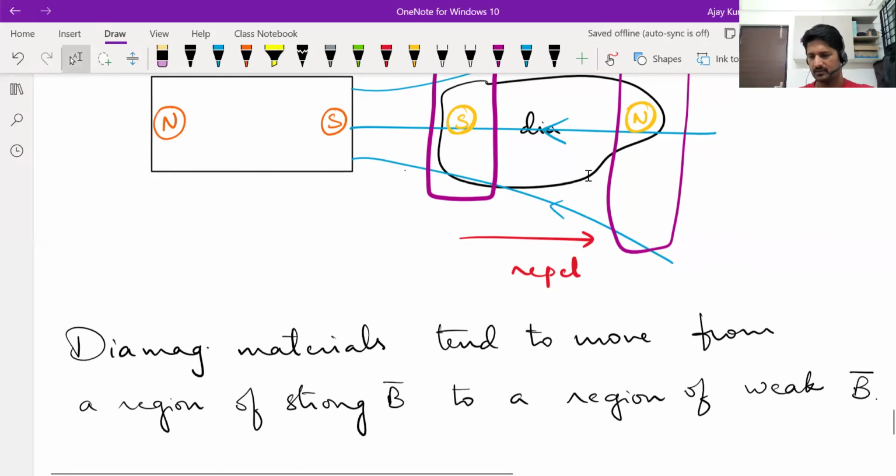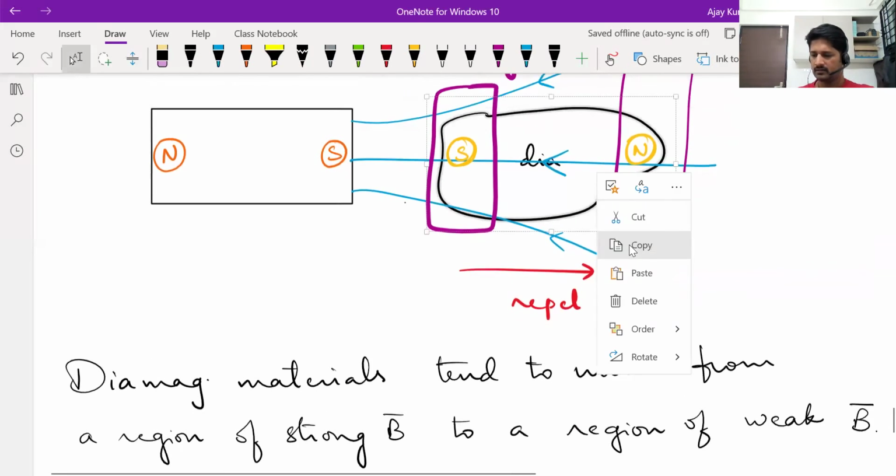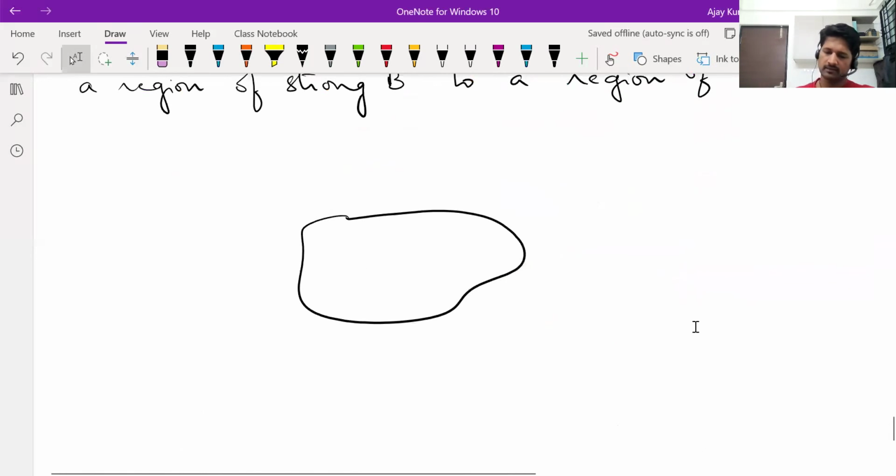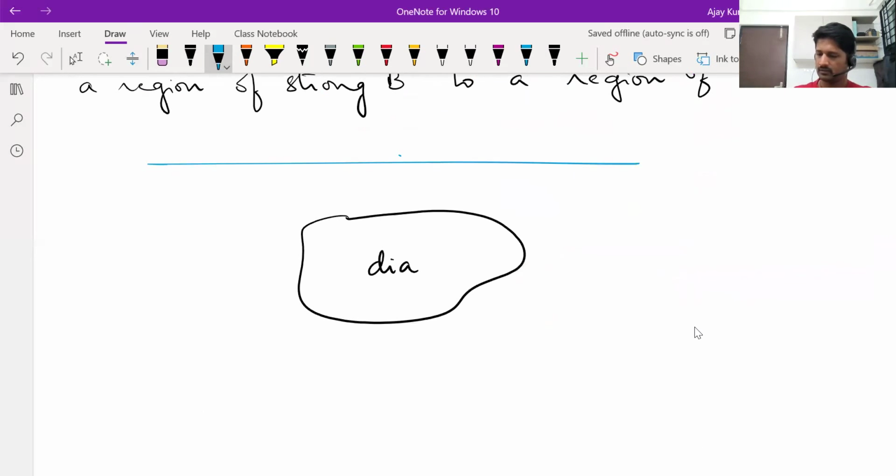This naturally creates another question. What if the diamagnetic substance is in a uniform external field? Now, if the external field is uniform, the internal is opposite to the external, so you will see a north pole developing here and a south pole developing here.